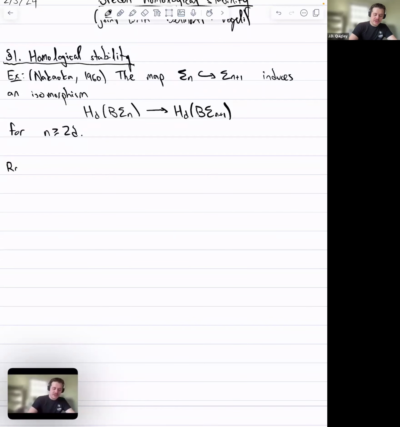And this is an interesting result in its own right, because it tells us something about the homology of symmetric groups. But it's also closely connected to stable homotopy theory via the Barratt-Priddy theorem.